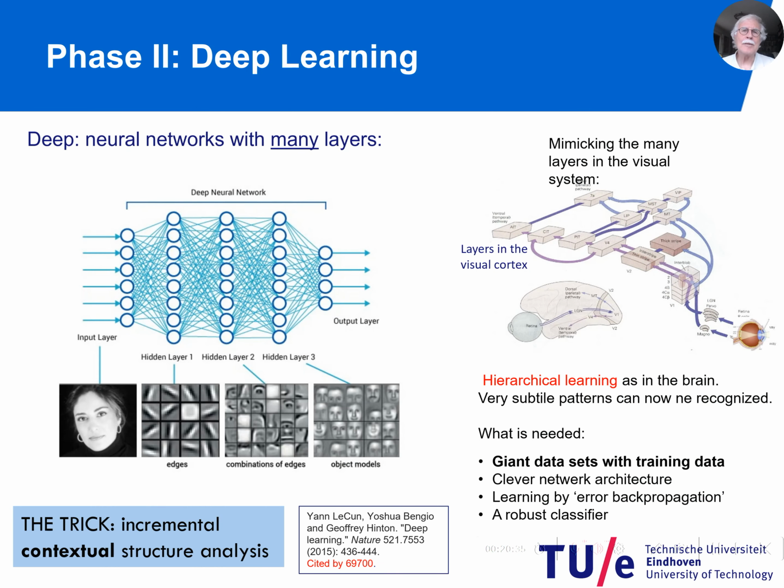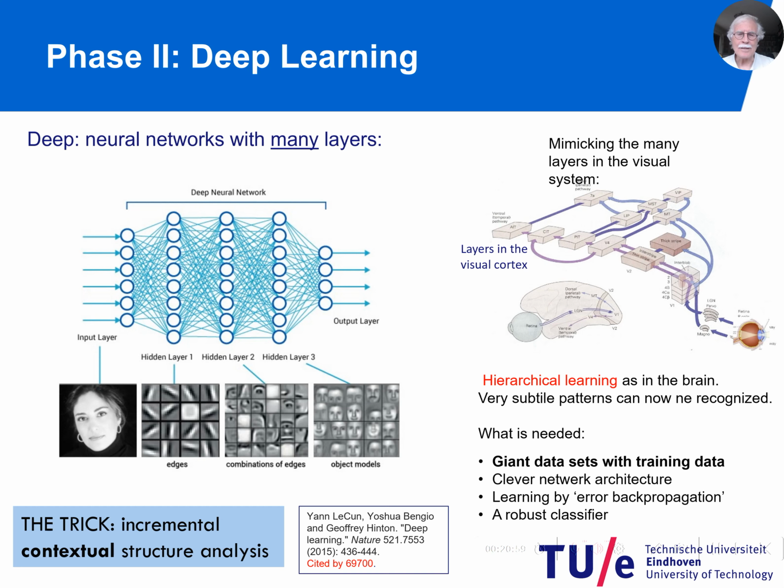Then we went to deep learning. And deep learning, as you know, is deep because it is a neural network with many layers. And here you see a very tiny neural network with some hidden layers. And in the beginning, you detect very simple things like edges. Then you make more combinations, fancy combinations of these edges and lines.